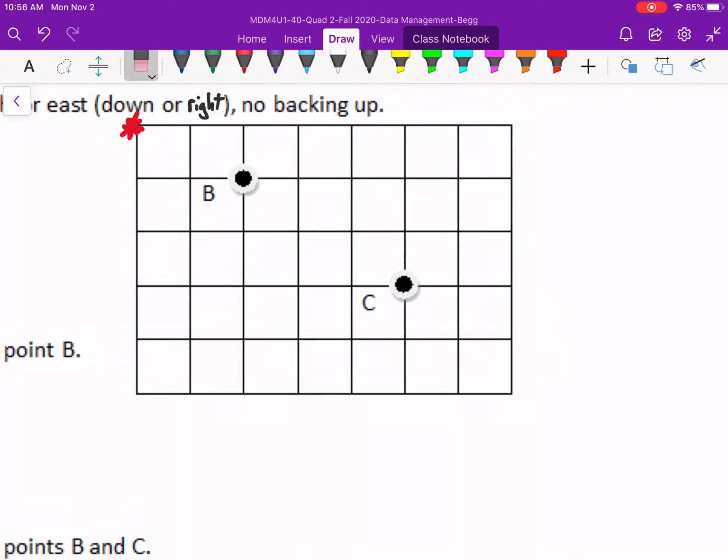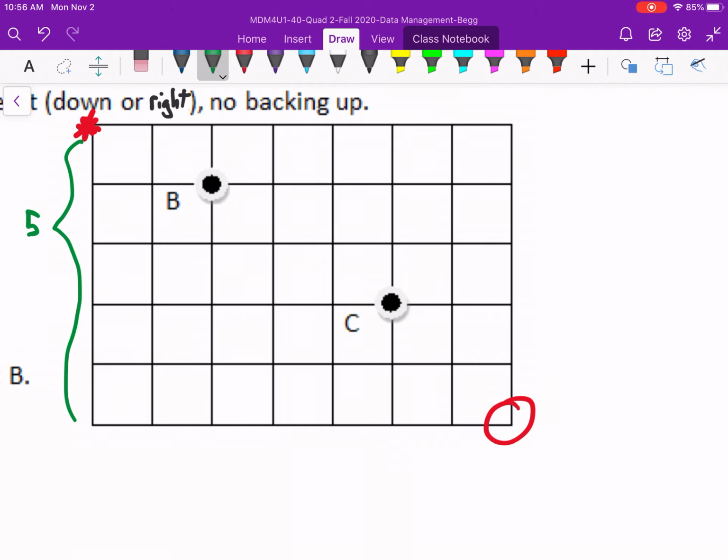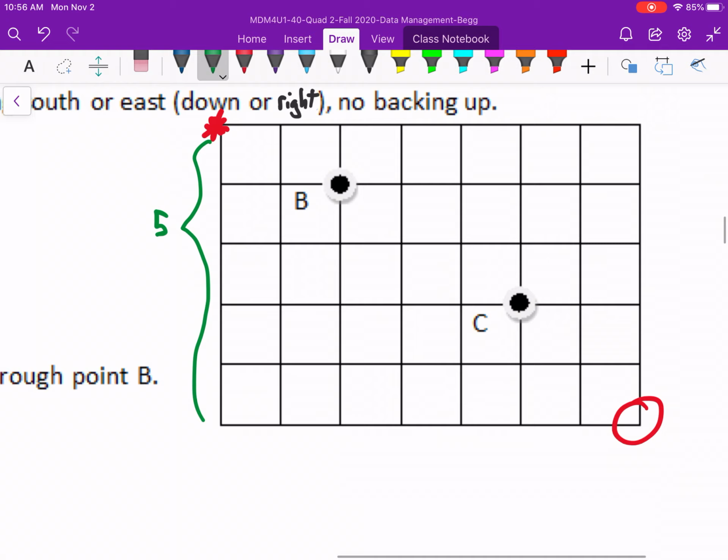So we want to get to this square down at the bottom, that circle. We have 1, 2, 3, 4, 5 blocks down that we have to travel. Let's think of that as 5 rows.